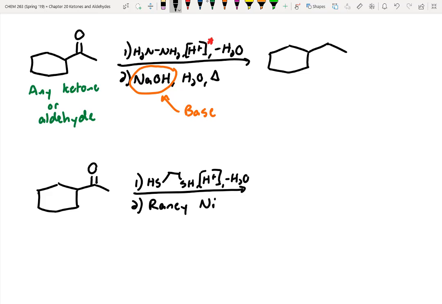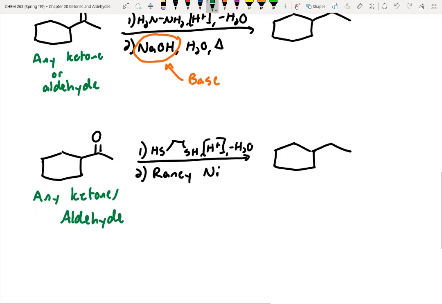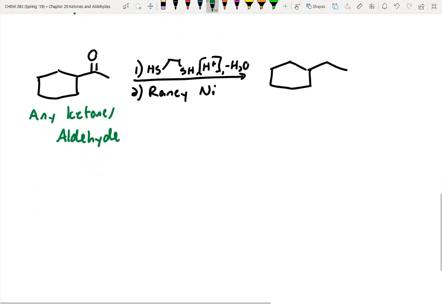And then we can treat this with Raney nickel. And we can get rid of it this way. This one's nice because it works with any ketone or aldehyde. This one's not as sensitive because thiols typically aren't super duper strong bases like amines are.